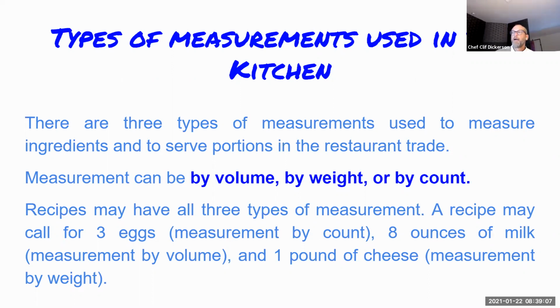Maybe I need it by weight because it needs to be grated, plus I need to peel the carrot, cut the stem, all of that sort of stuff. So maybe I need to do it by weight, which would be more ounces or pounds. And then volume would be quarts, pints, fluid ounces, all of that sort of stuff.